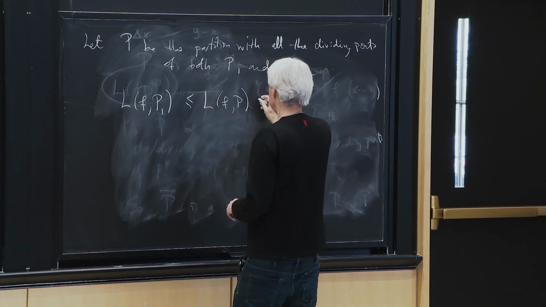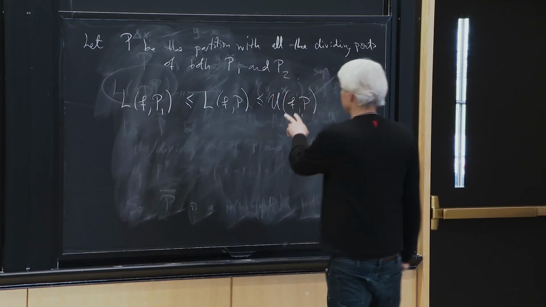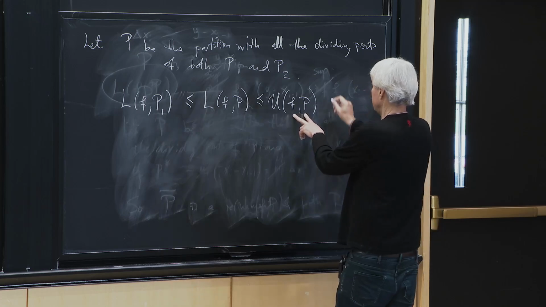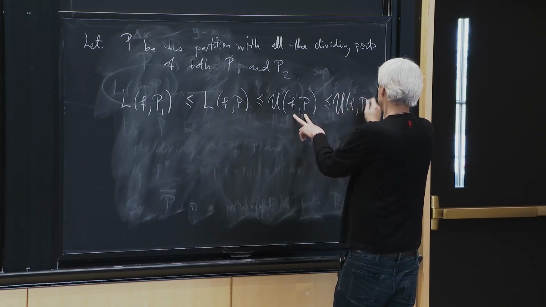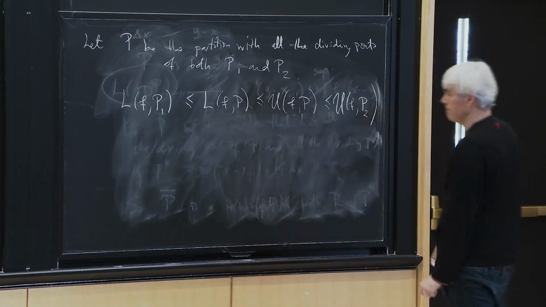And this thing here is less than the upper sum for the same partition. And since it's a refinement also of P2, it is less than the upper sum for P2, right?